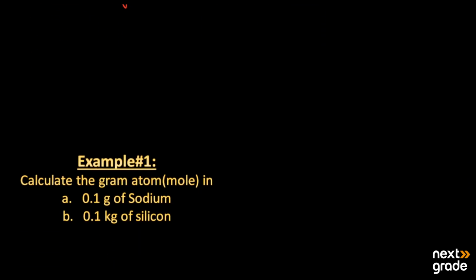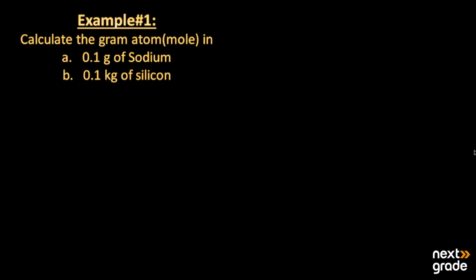Let's discuss one example for the calculation. Number one, we have to calculate the gram atoms, or the moles, present in 0.1 gram of sodium and 0.1 kg of silicon. Here we have the mass in grams, so you must also know about the molar mass.